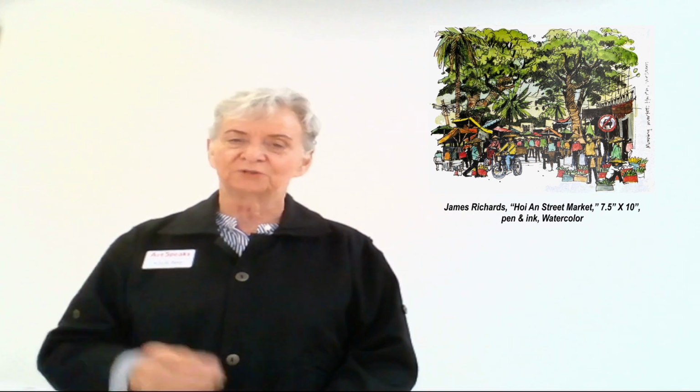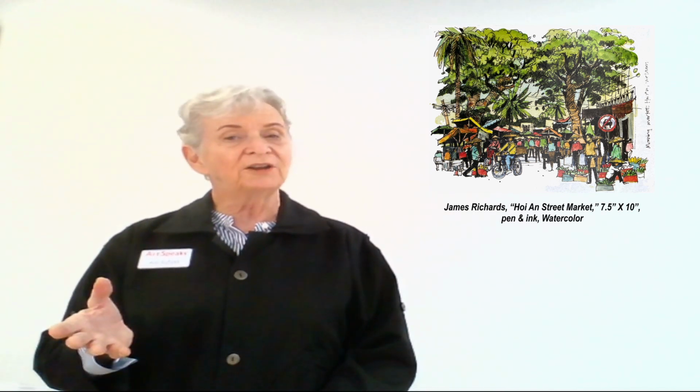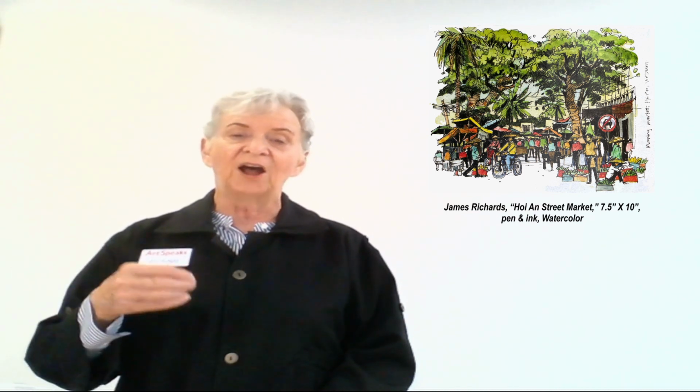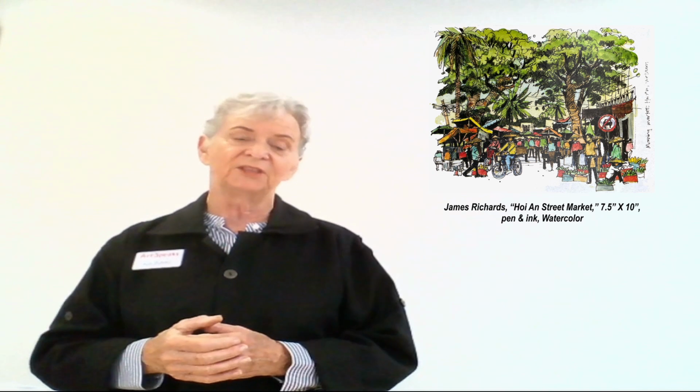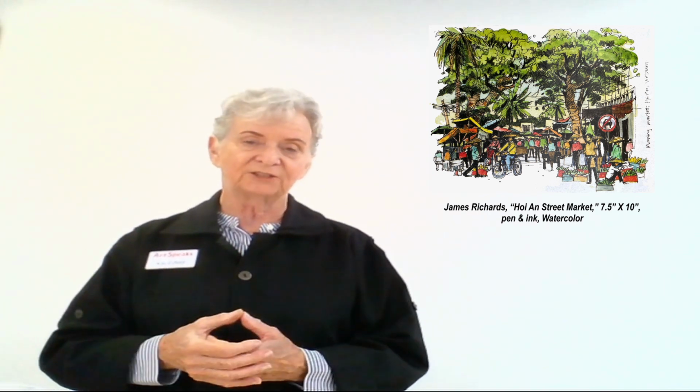One of the most frequent ways that we see line being used is in drawings. And some of the drawings, like this sketchbook drawing by James Herzog, are drawn on location, and the line is used to define the boundaries of the different shapes and forms and to provide some texture.